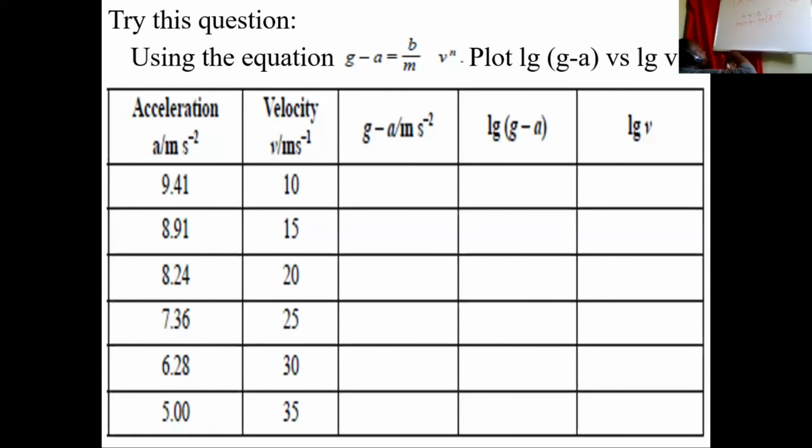Let's simplify. Simplifying that side, we get log B minus log M plus n log V.